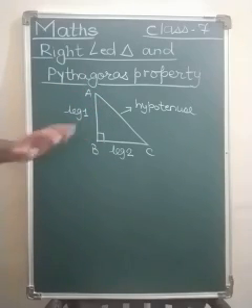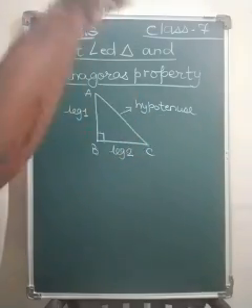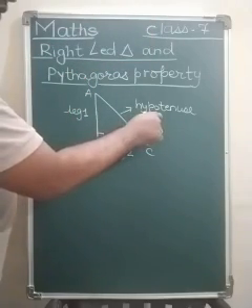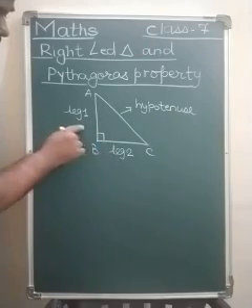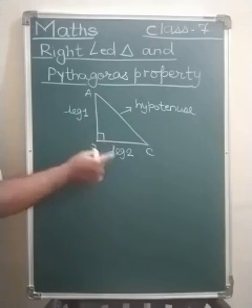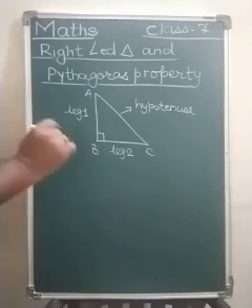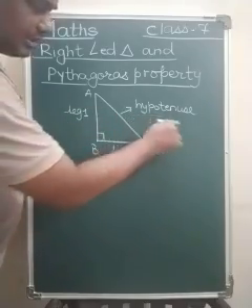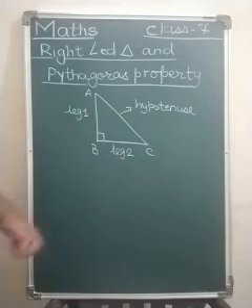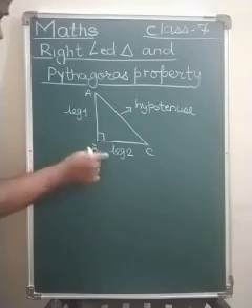The property says that the square of hypotenuse equals the sum of the squares of the two legs of the right angle triangle. Okay, once again you will get it in written form also, I am just explaining to you. The square of hypotenuse equals the sum, means addition, of the squares of the legs.